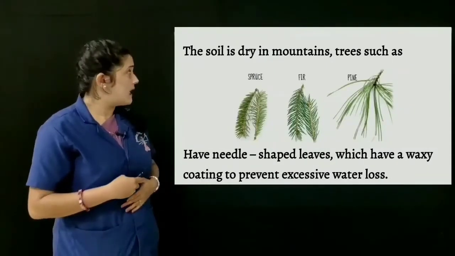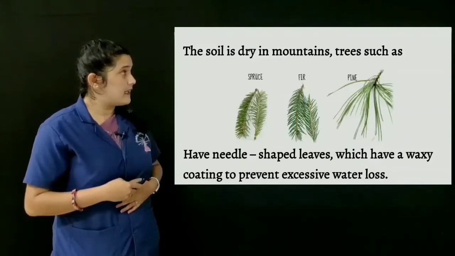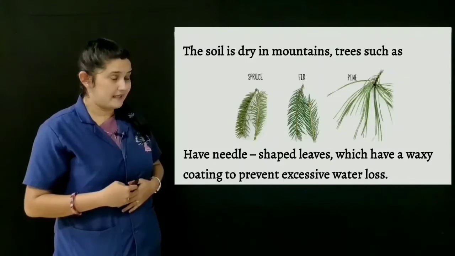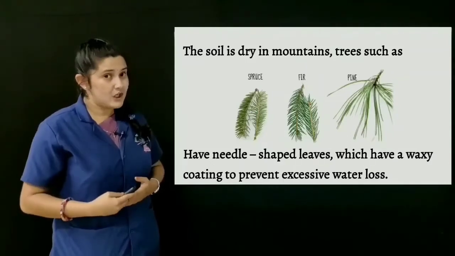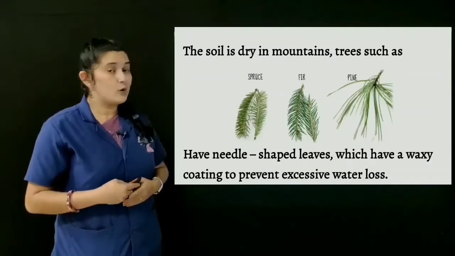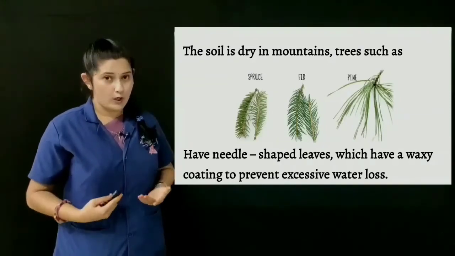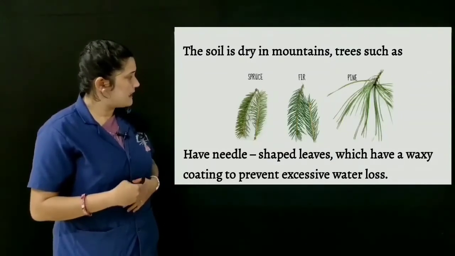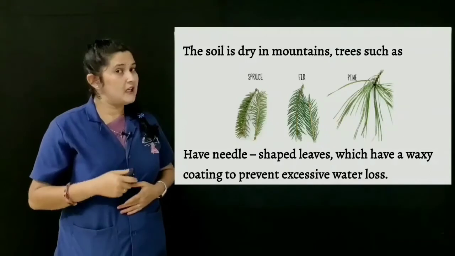How is the soil in mountain region? The soil is dry in mountains. Trees such as spruce, fir and pine have needle-shaped leaves which have waxy coating to prevent excessive water loss. Here you can see the shape of the leaves. They are needle-shaped.